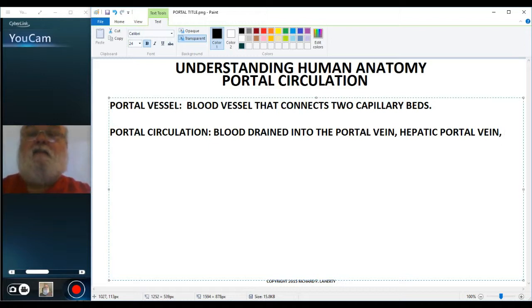We'll find that there are three unpaired branches of the abdominal aorta.